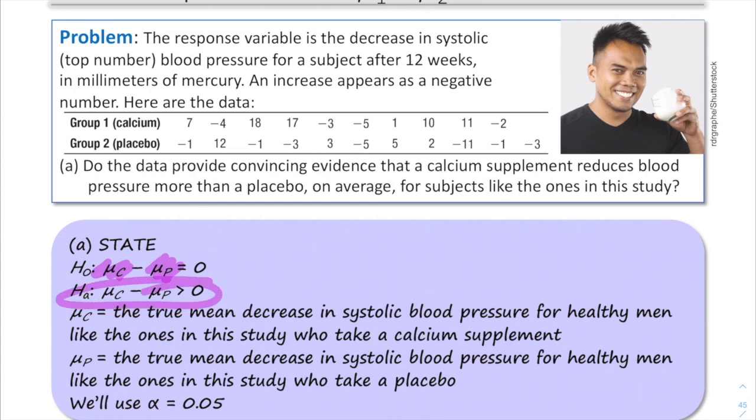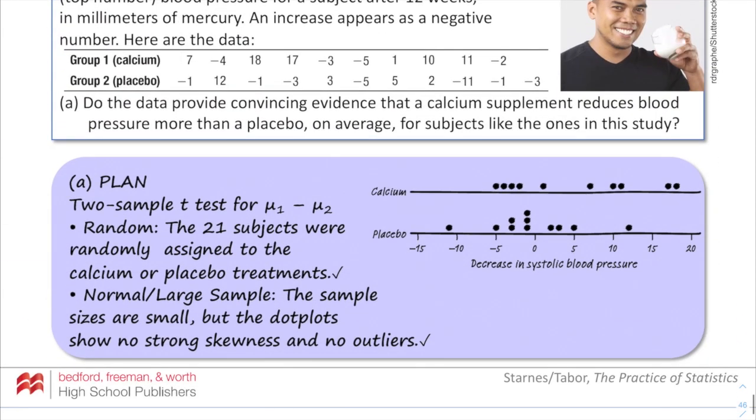Again, if you see a positive value, that means their blood pressure was higher in the beginning, and then we subtracted a lower blood pressure. So we're looking for positive values. So it's a 2-sample t-test. It's volunteer subjects that were randomly assigned to their treatments. The sample sizes are small, but here we have our dot plots that show no strong skewness or any outliers.